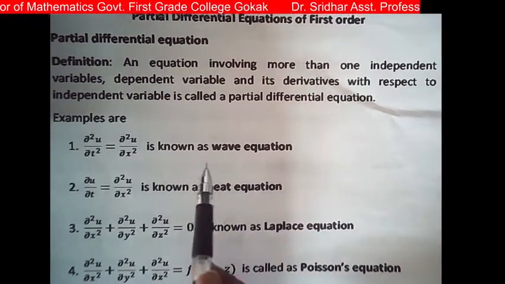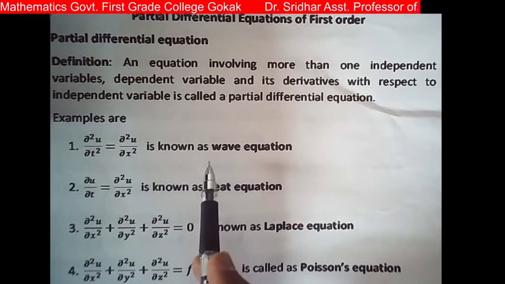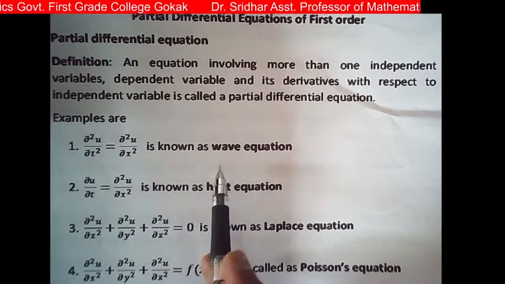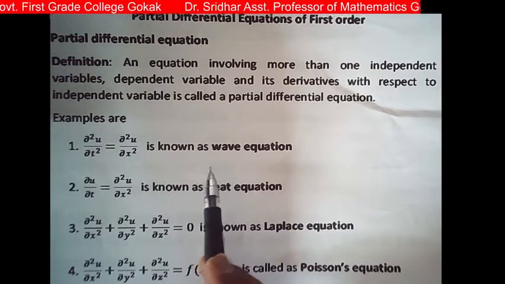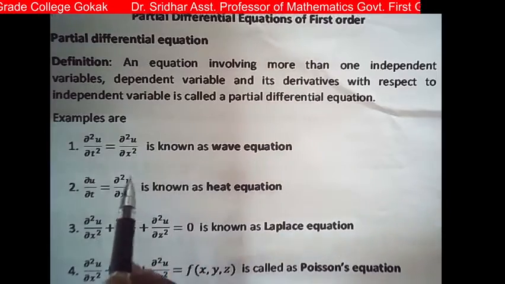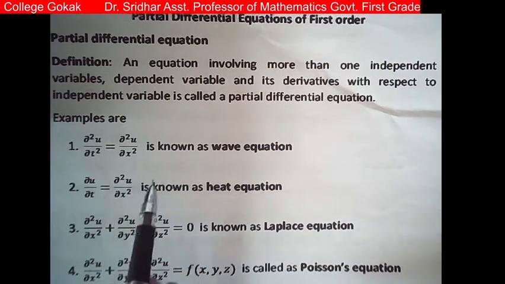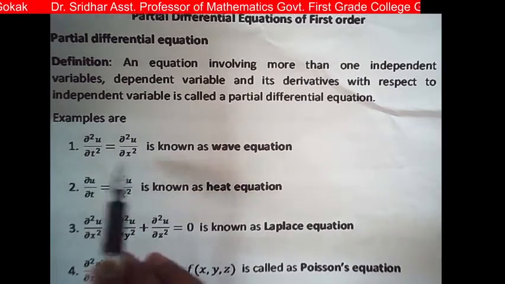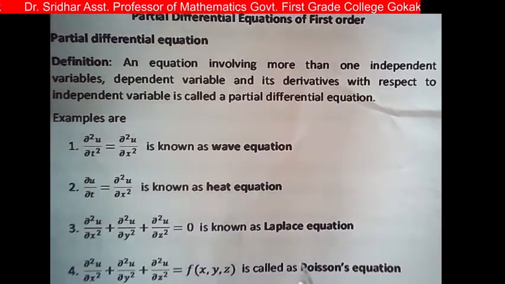It is used in solving heat conduction problems, which come in mathematical physics, right? So for heat conduction problems this equation is used. This is known as the wave equation.